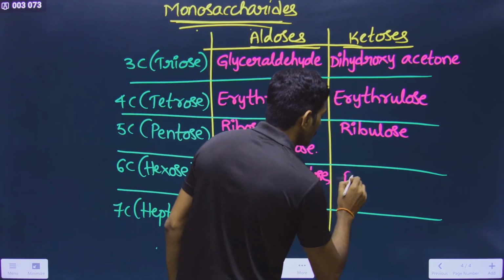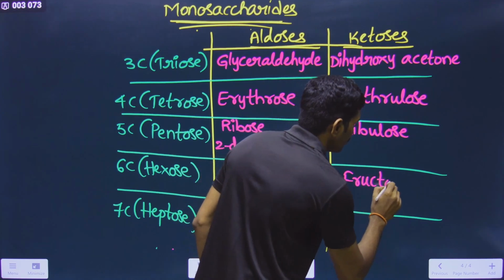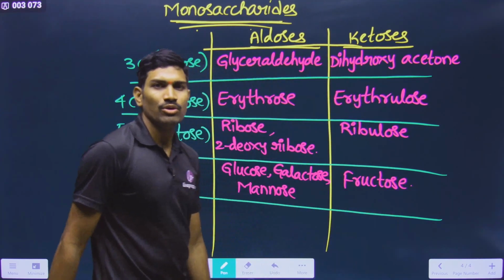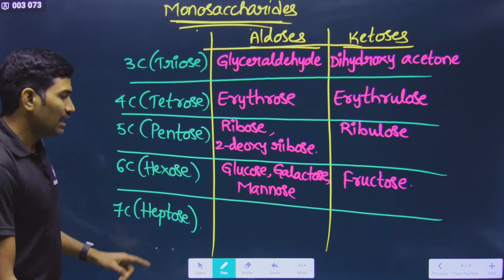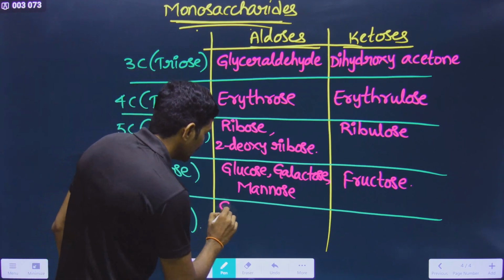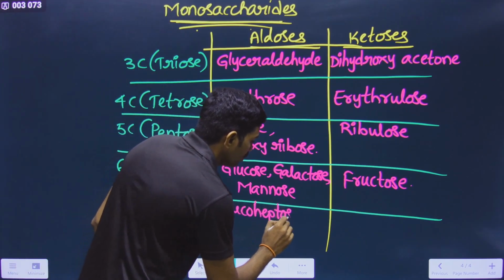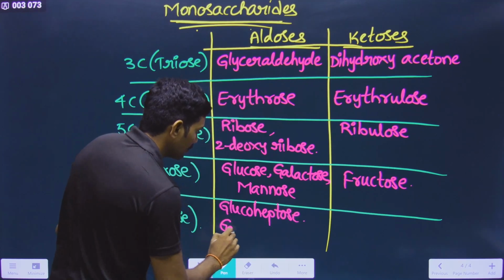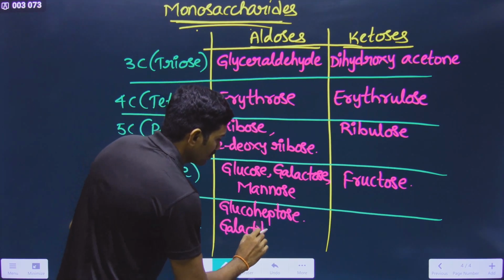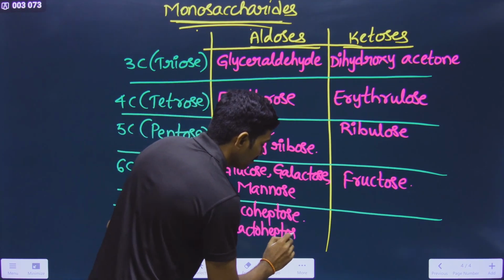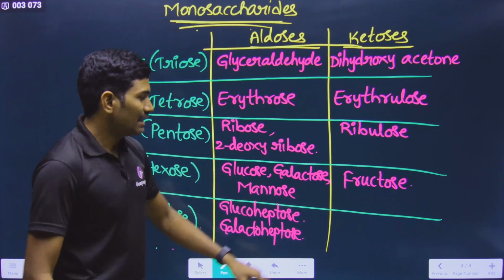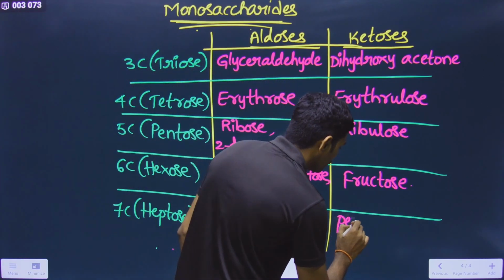Under the ketone group containing, the most important example is fructose. Under the 7 carbon containing, it is glucoheptose and galactoheptose. Likewise, different are there. And here it is pseudoheptulose.